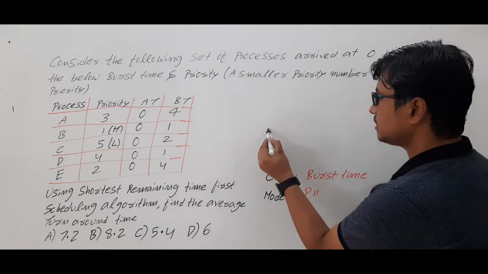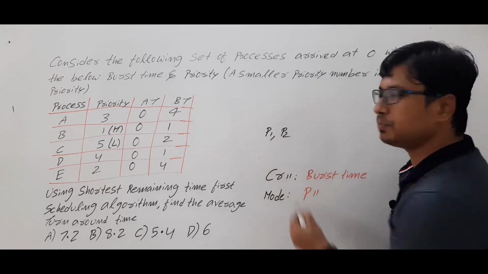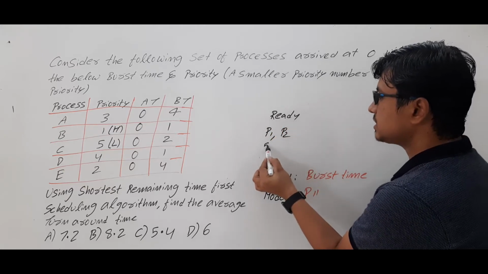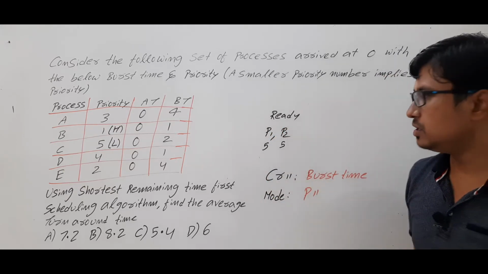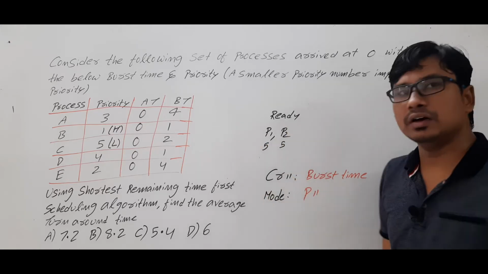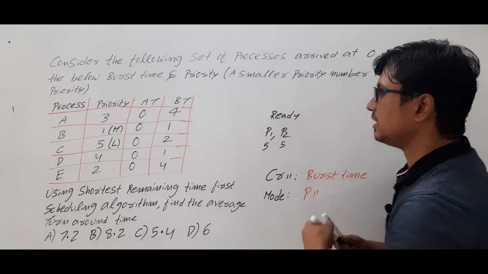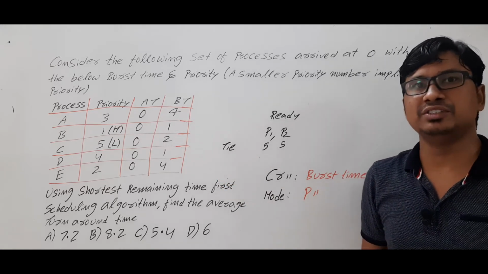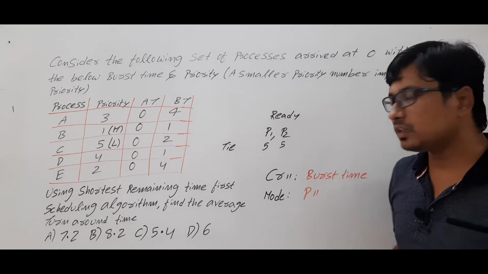Let's consider that two processes, P1 and P2, are there in the ready state, and their burst times are, let's take, 5 units and 5 units. So the two processes are there in the ready state and they have the same burst time, so there is a tie. Usually whenever there is a tie in the shortest remaining time first scheduling algorithm, we look at the arrival time.